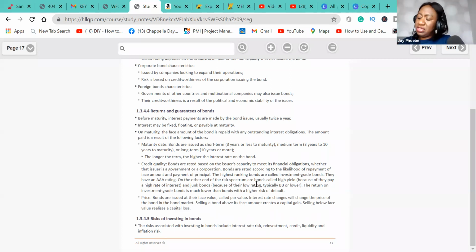So what this is telling us is, if I buy federal government bonds today and my interest rate is 5%, and then the interest rate goes up to 6%, then there'll be a demand for my existing bond.